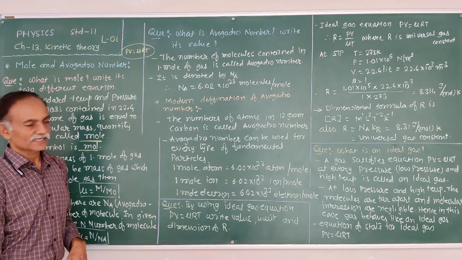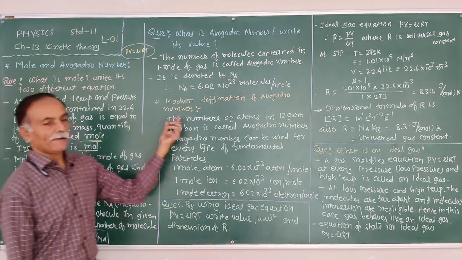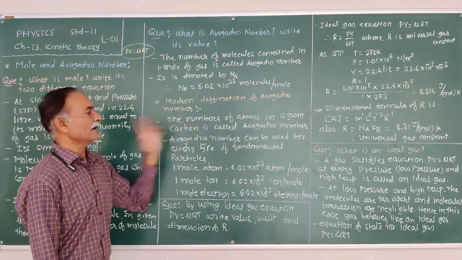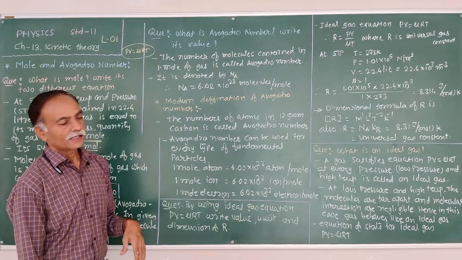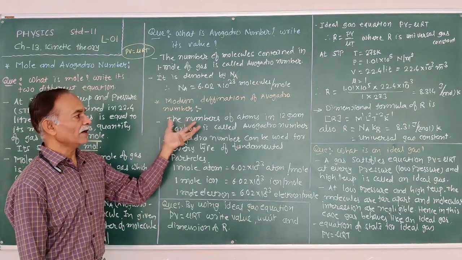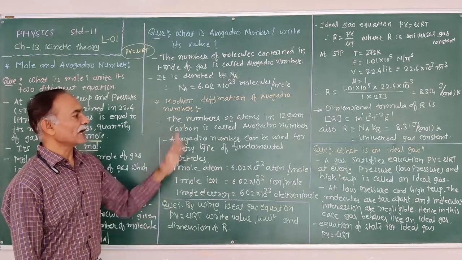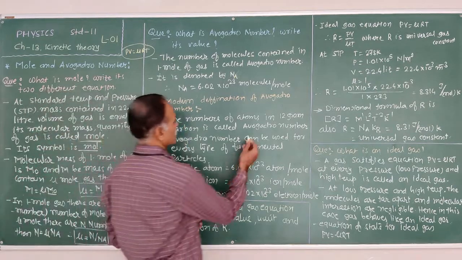Now the modern definition of the Avogadro number. What is the modern definition? The number of atoms in 12 gram carbon is called the Avogadro number.